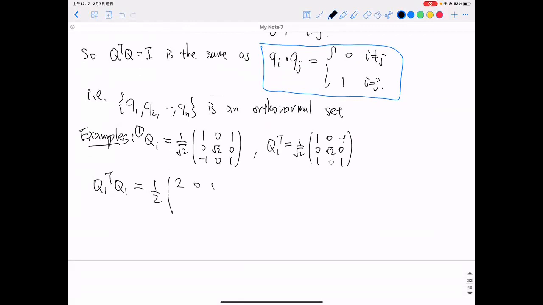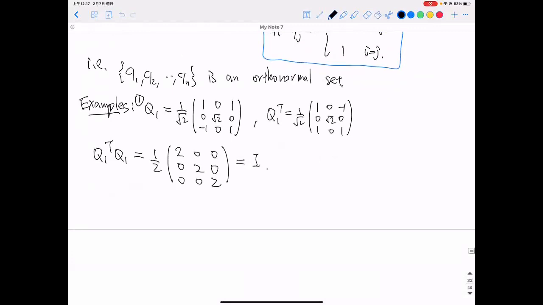Here, there, that's a 0. Here, there, that's 0. Here, 2. Here, 0. Here, there, 0. Here, there, 0. Of course, here, 2. So this is the identity. Indeed, that's a symmetric matrix. That's an orthogonal matrix. Let's look at another example.